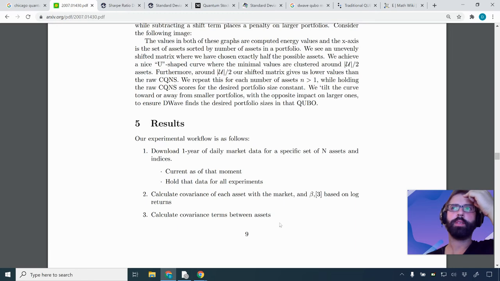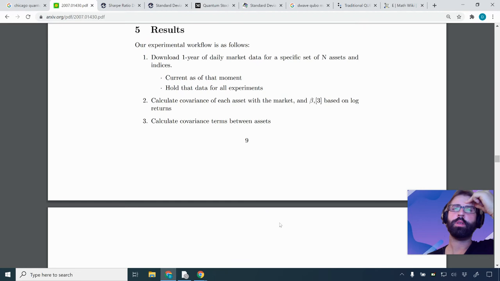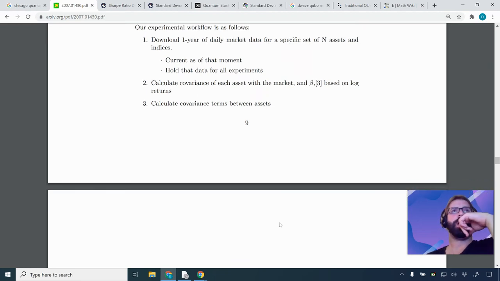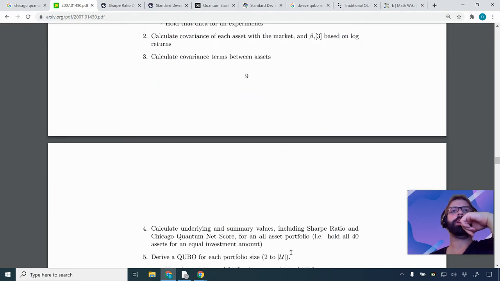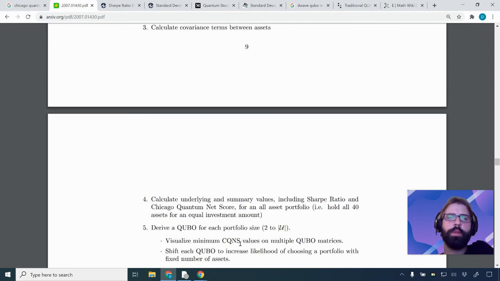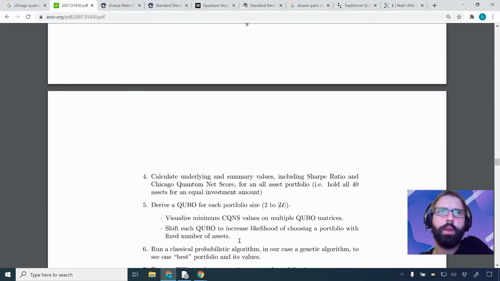Covariance terms between assets. Underlying and summary values including Sharpe ratio and CQM score for an all-asset portfolio. Derive a QUBO for each portfolio size. Visualize minimum CQM values on multiple QUBO matrices. Shift each QUBO to increase likelihood of choosing a portfolio with a fixed number of assets.